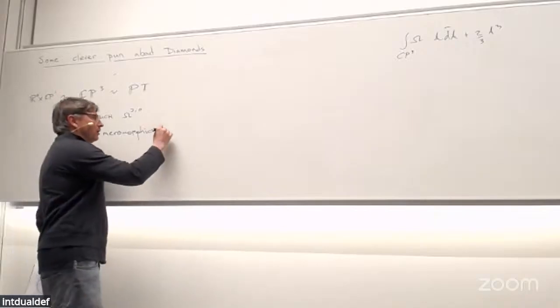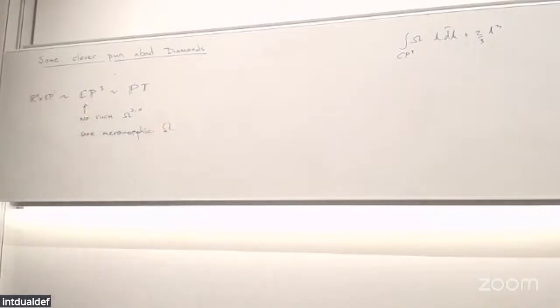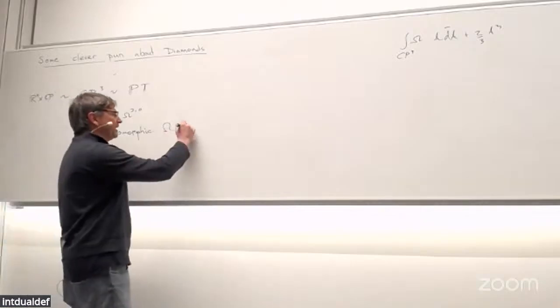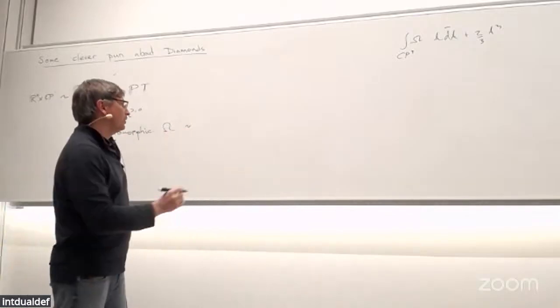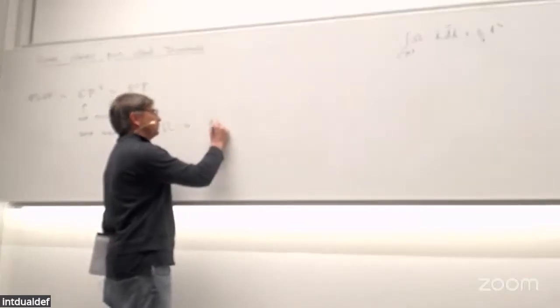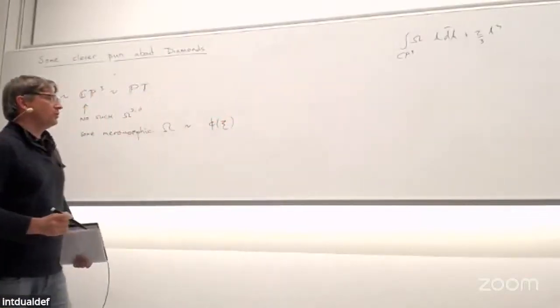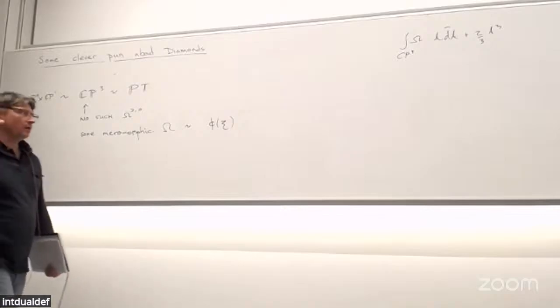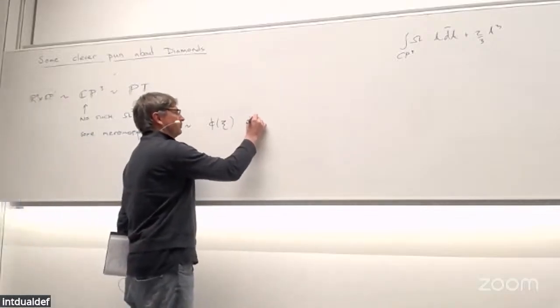So it doesn't need to have zeros, but it does need to have poles. So roughly speaking, omega will have some function of CP1 times some differential bit.